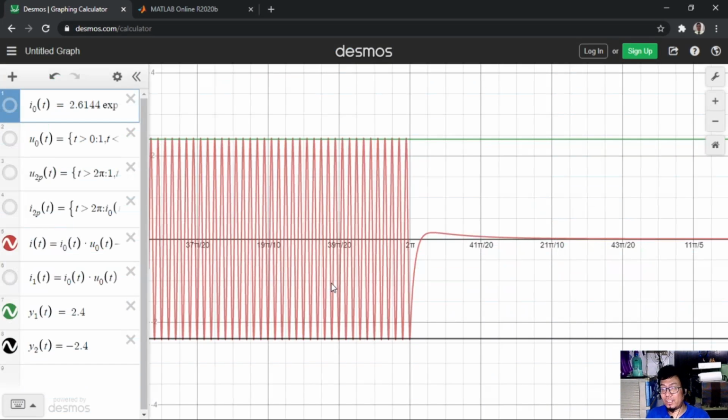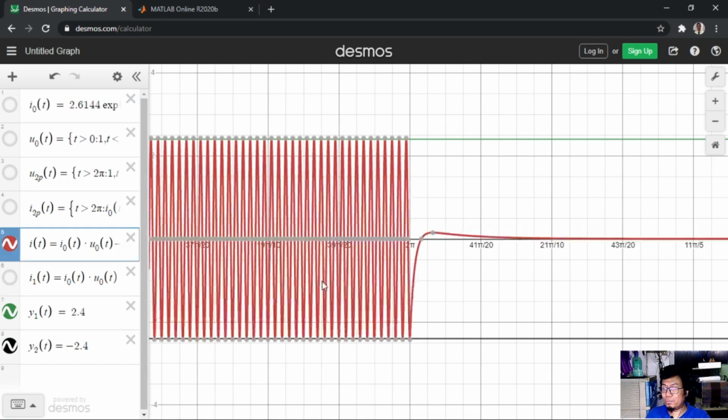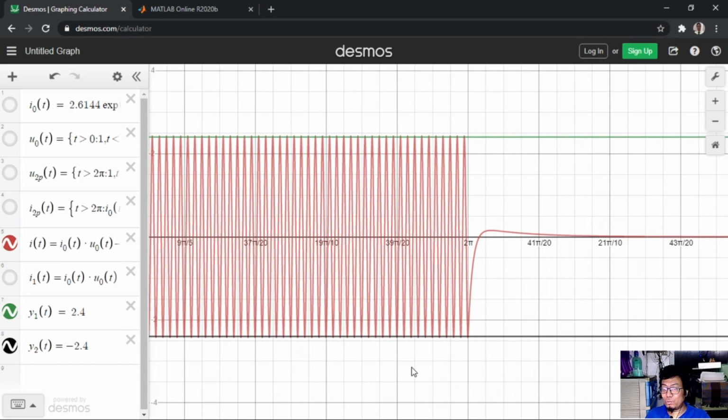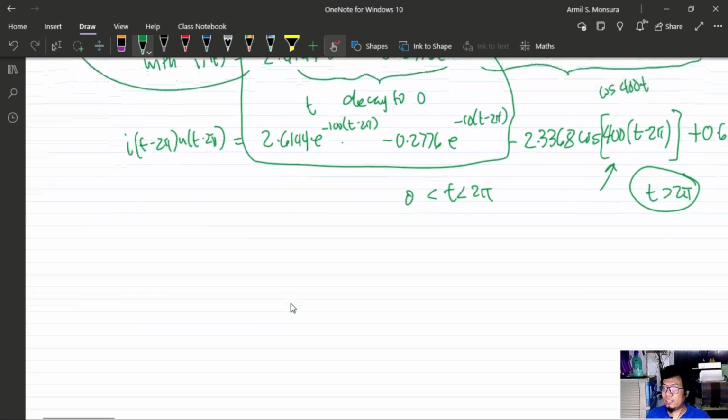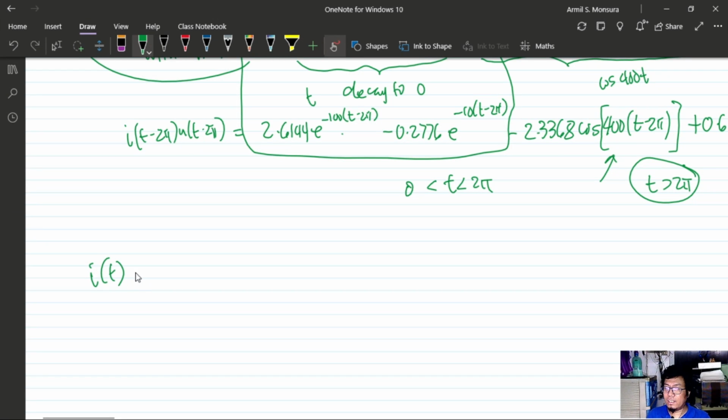But I was able to demonstrate this with this one, and I was able to say that between 0 and 2 pi, okay, my IT is basically I1 of t between 0 and 2 pi, okay, and the difference, okay, between I1 of t and I1 of t minus 2 pi for t greater than 2 pi.